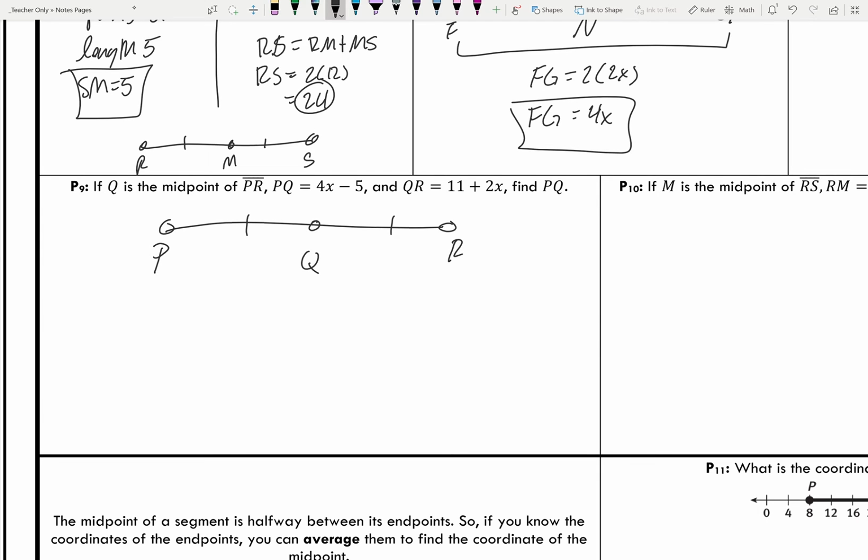PQ is 4x minus 5, and then QR is 11 plus 2x. So to find PQ, first thing first, find x. I can't set up the segment addition postulate right now because I don't have anything for what PR is. What I do know is that PQ is equal to QR, correct?